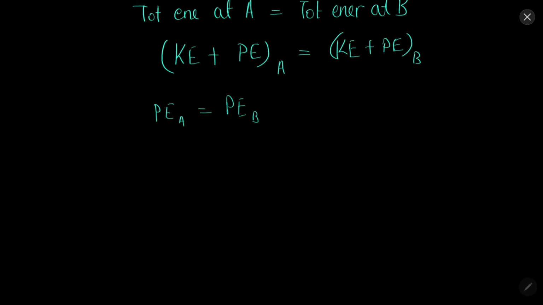So the maximum height reached by the bob is equal to the initial height.